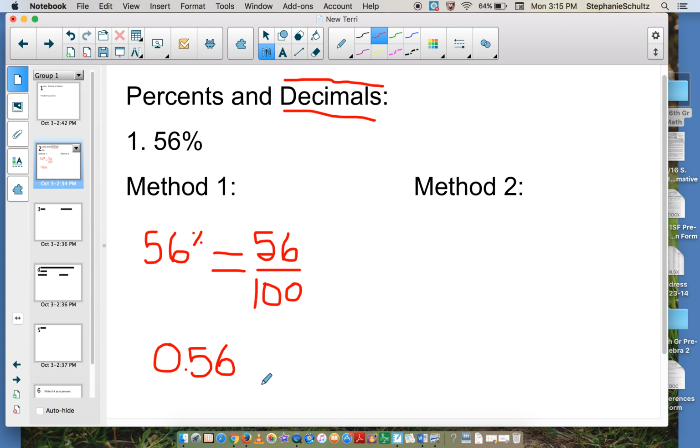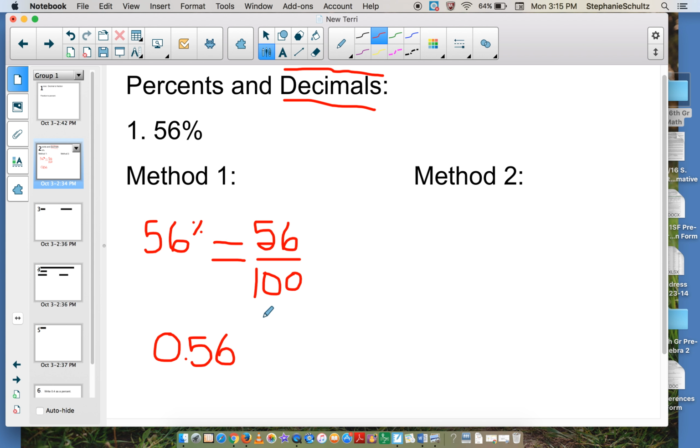And I know this is correct because my 6, which is the last non-zero digit, is in the hundredth spot. So if this is in the hundredth spot, then that makes sense that it would be over 100.